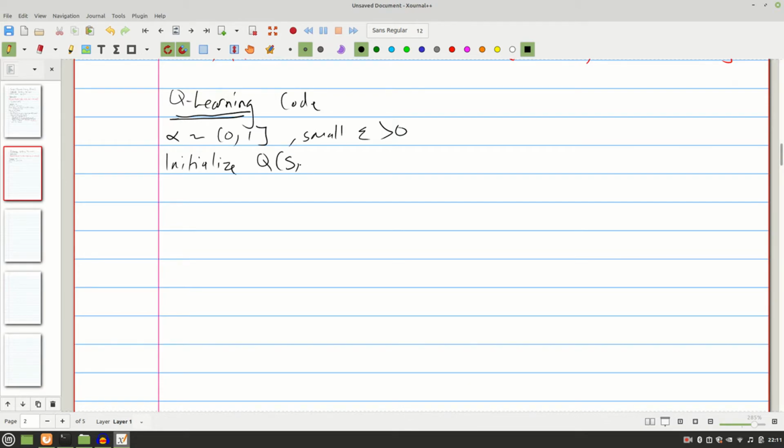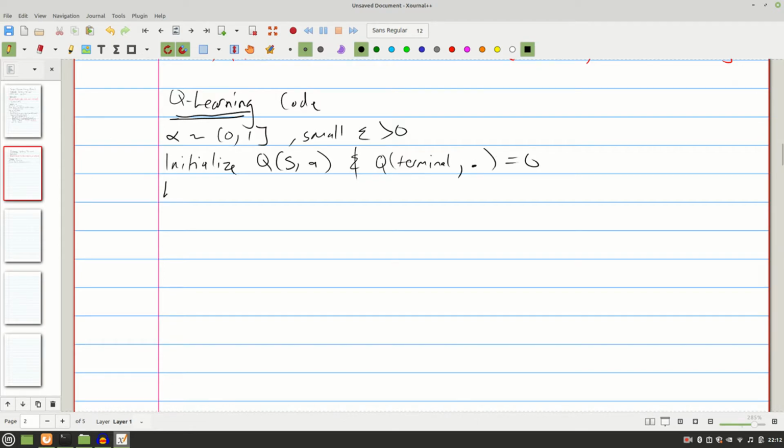I'm not going to write everything here, but you get it. We initialize Q(s, a), and we initialize Q of the terminal state. It's basically the same thing we did with SARSA, the same initialization process.